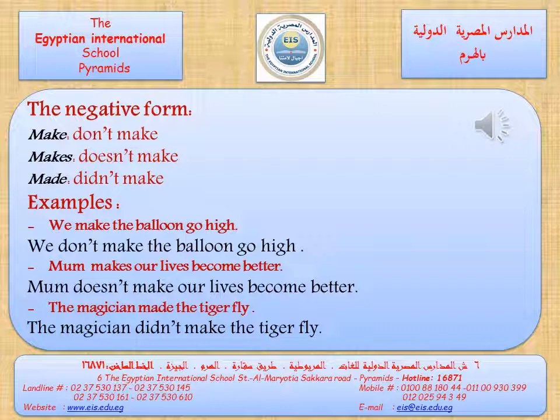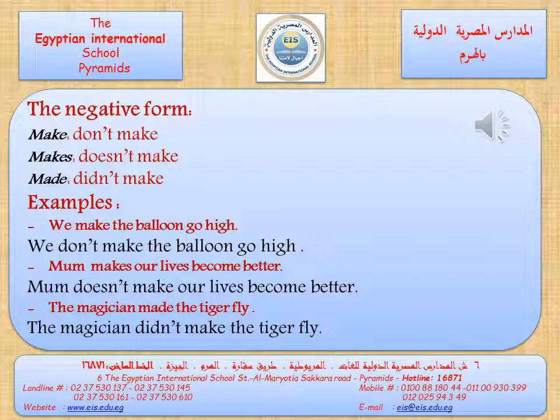If the sentence is in the present and contains makes, the negative form will be doesn't make. If the sentence happened in the past and contains made, the negative will be didn't make. We notice here that after don't, doesn't, and didn't, we add make in the infinitive verb.